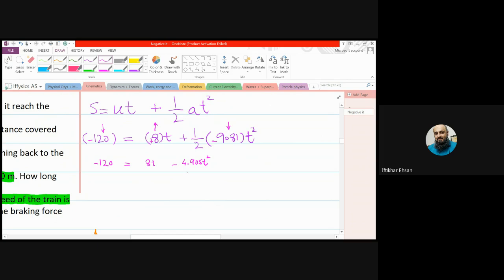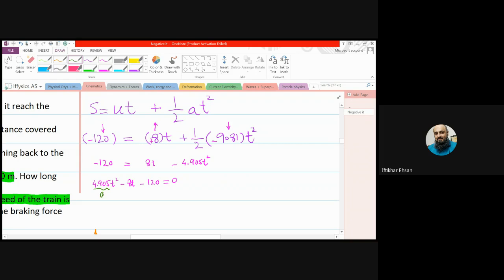You can rearrange it as a quadratic equation. That's minus 4.9 t square, on the other side will become positive. 8 positive, 80 will turn to negative, and minus 120 will stay at its position. Now you can solve it as a quadratic equation.